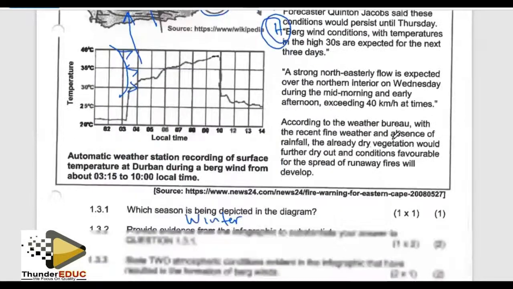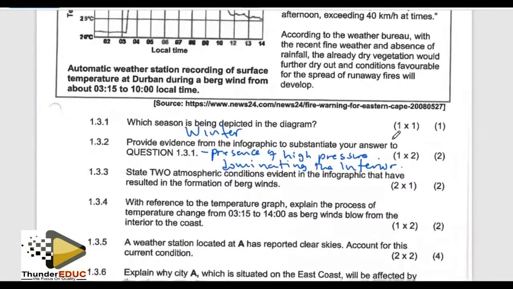Okay, so question 1.3.3 says, state two atmospheric conditions evident in the infographic that have resulted in the formation of berg winds. Like I think we saw this in the previous question. They're asking what conditions result in the formation of the berg winds.